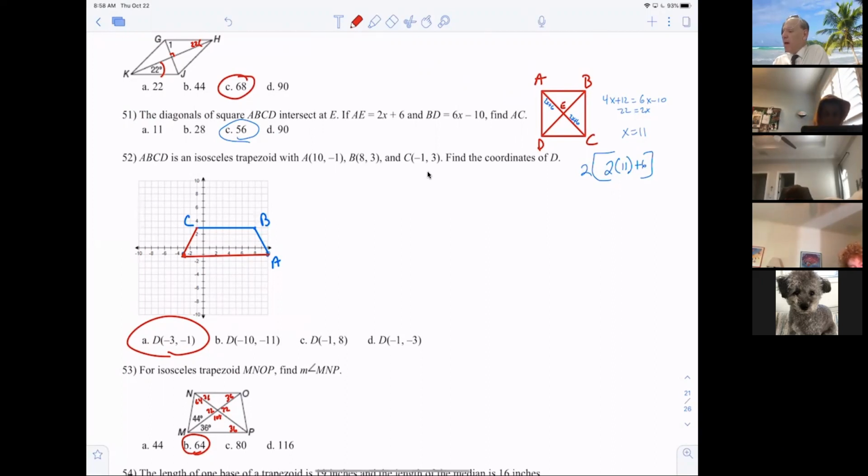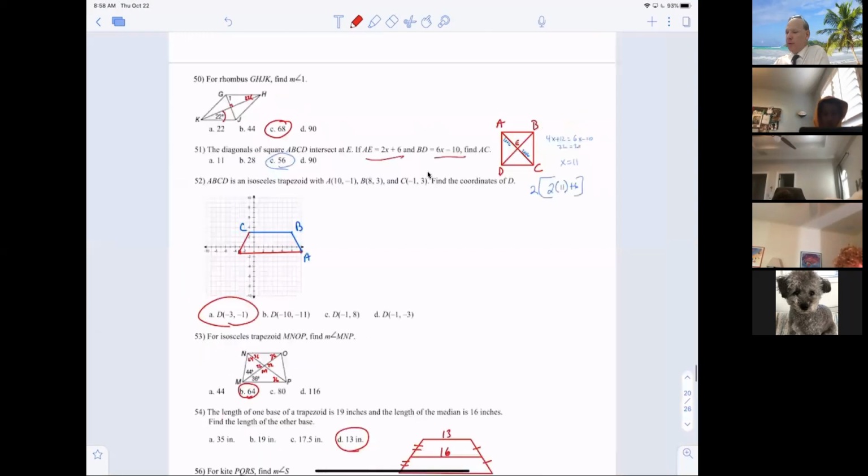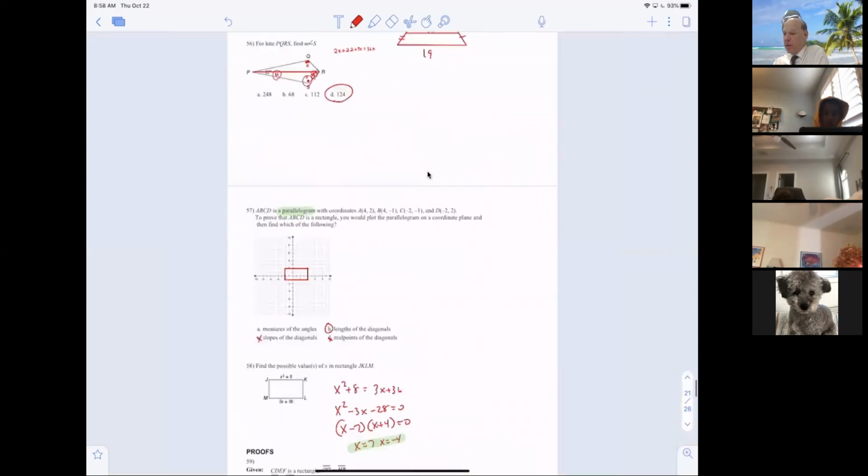You could take half of BD and set it equal, or you could double AE and set it equal. Anybody else have a question? Nobody? You got it, you said? Yeah. All right, perfect. All right, let's scroll down.